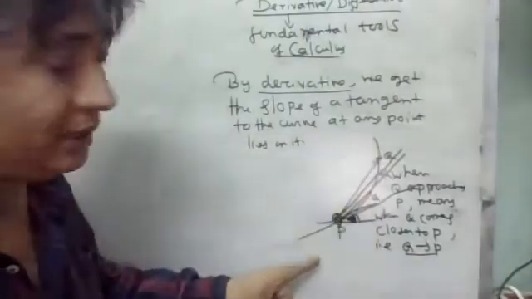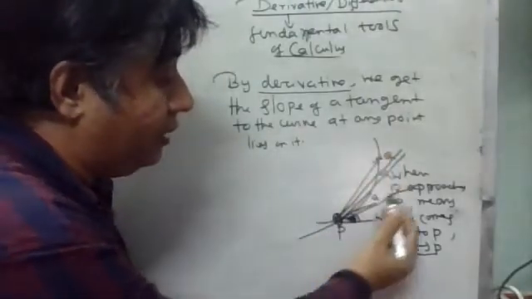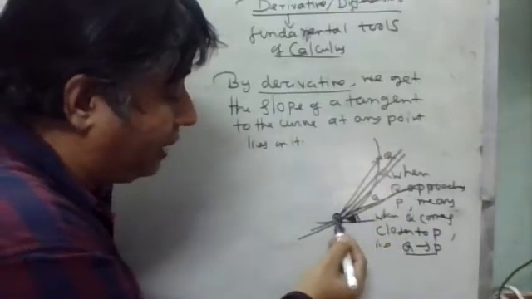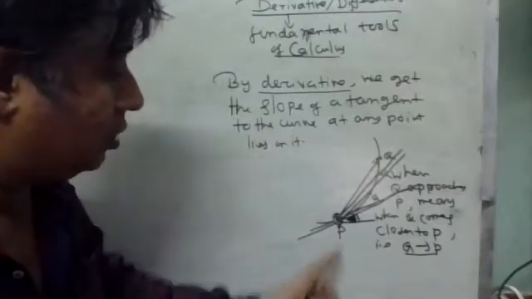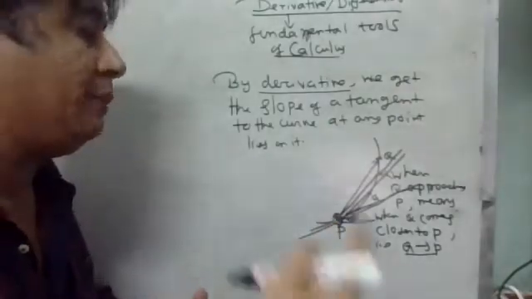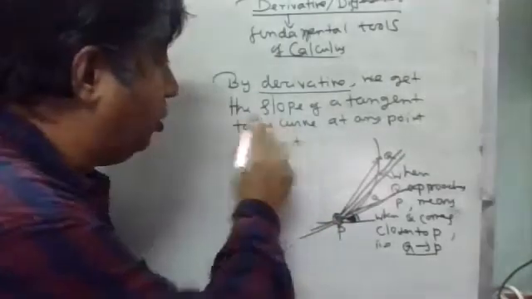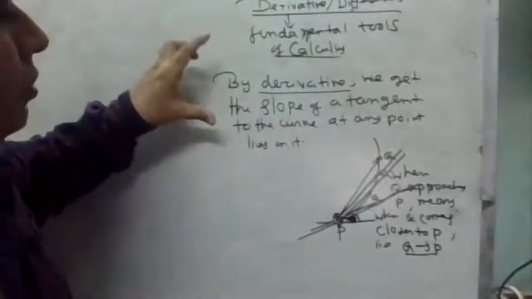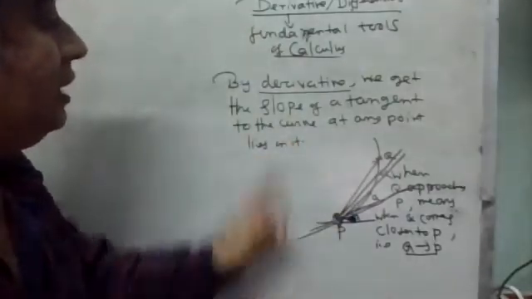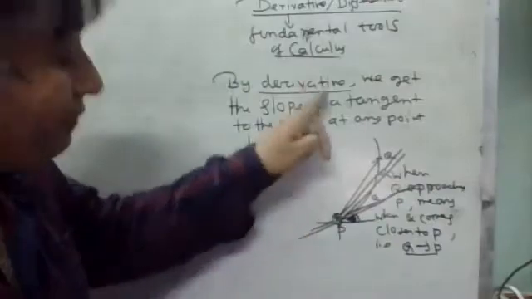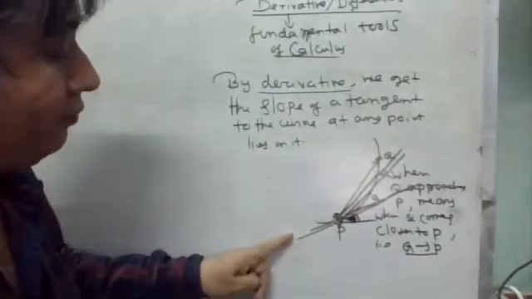That means once you get the tangent at any point of the curve, you can say that on that point differentiation is done. Differentiation is done with respect to x, with respect to the change of independent variable. So that statement is described here mathematically. It gives the slope of the tangent. Differentiation means slope of the tangent at any point that lies on the curve.